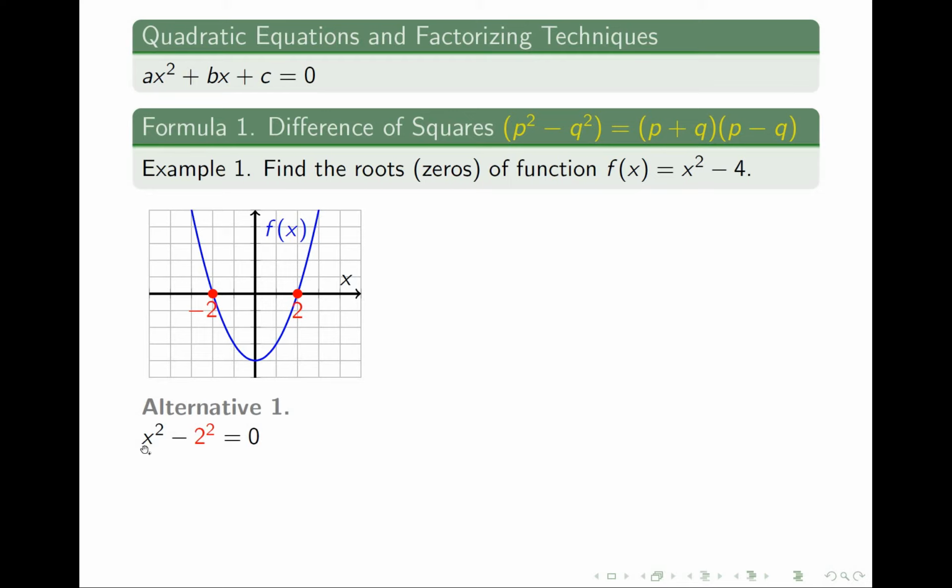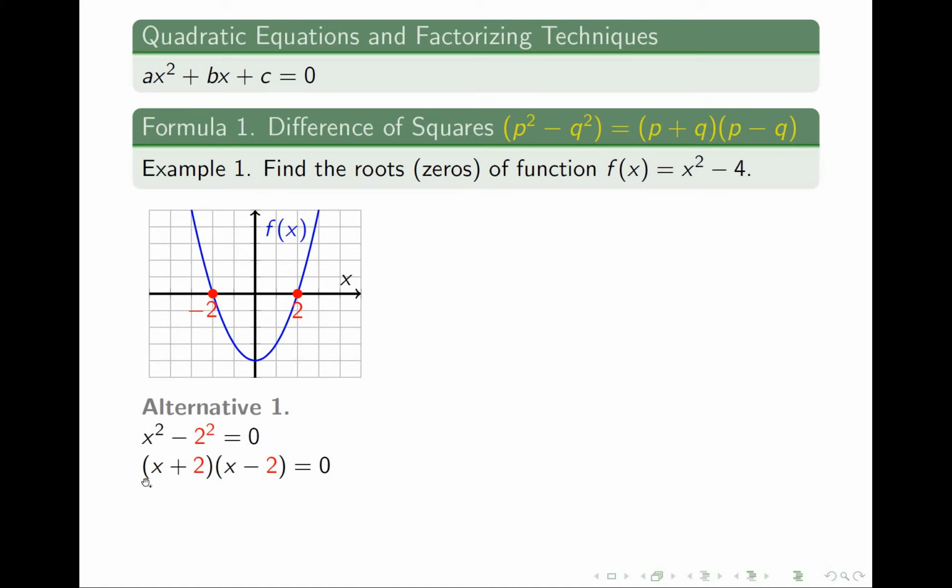So this expression is equivalent to this expression. So we can write (x plus 2) times (x minus 2), and we would like this to be 0, because we would like to find the zeros of this function.